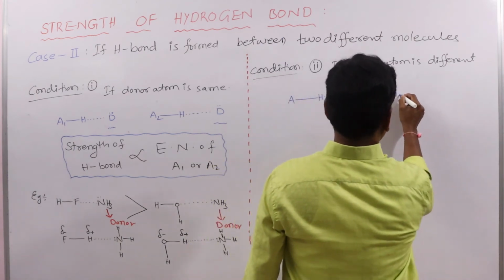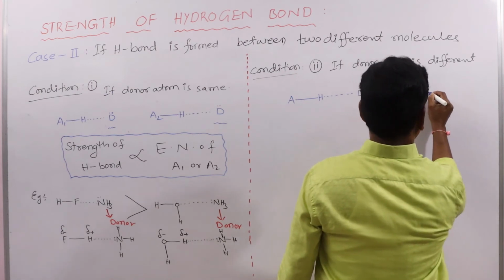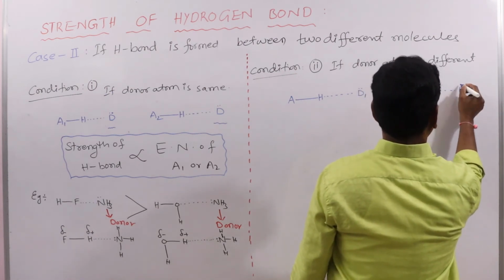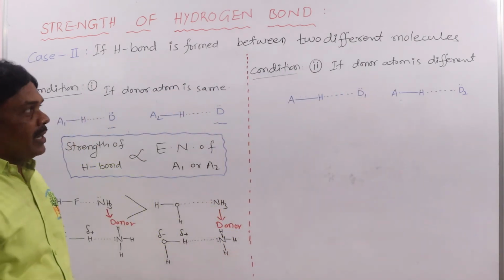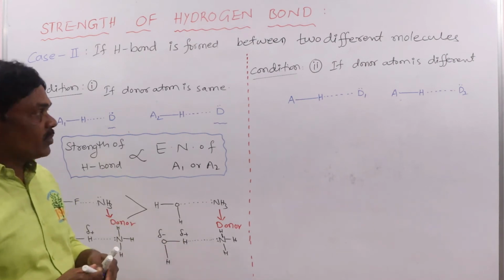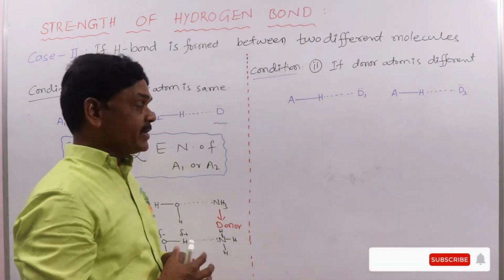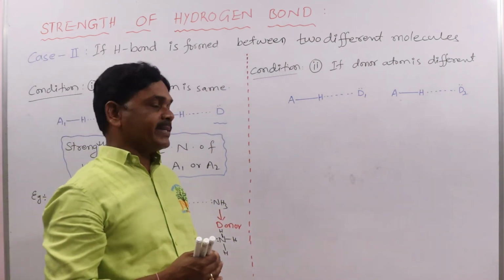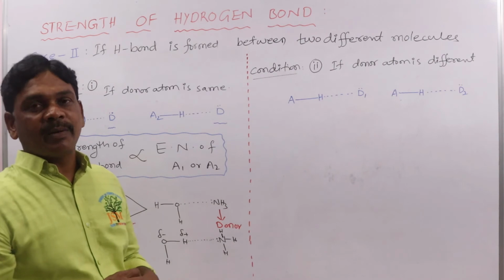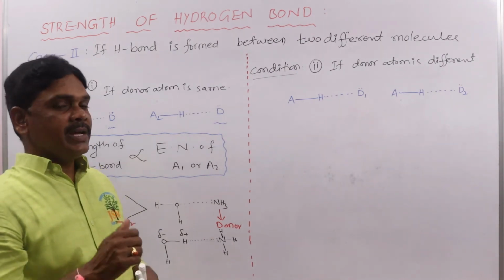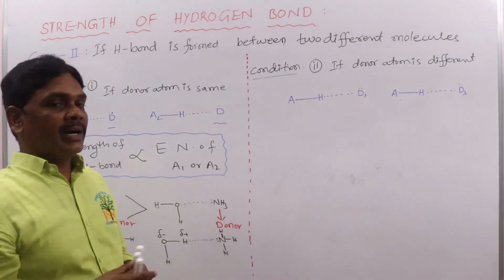Next, A2, that is A, forming a bond with hydrogen, this is D2. If the donor atom is different, then the strength of the hydrogen bond depends upon the Lewis base character of the donor atom, or it is inversely proportional to the electronegativity of the donor atom.